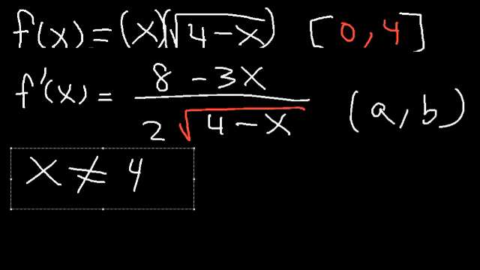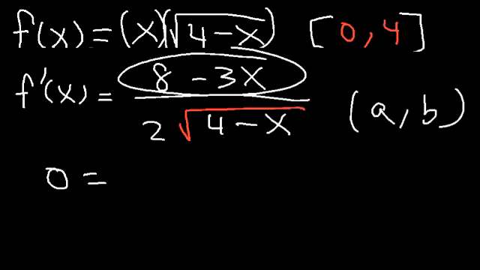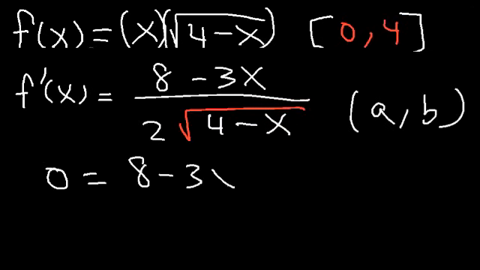So now let's calculate the c value. So we need to set the derivative equal to 0. When the numerator is equal to 0, the entire fraction is equal to 0. So we just got to set the top part equal to 0. If you're not sure why that works, see it this way.